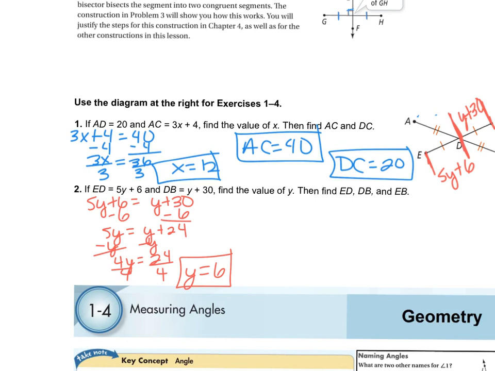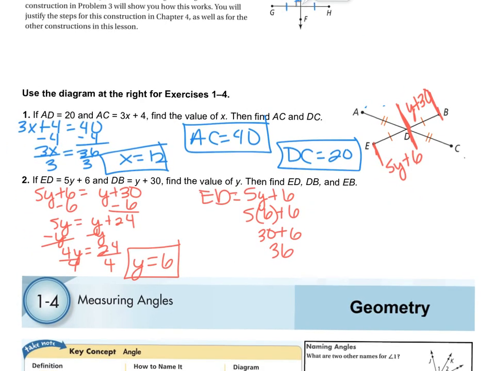Now, if y equals 6, ED is going to be 5y plus 6. So we're going to substitute in 6 for that y. So 5 times 6 plus 6 would be 36. Then DB should be the exact same answer.